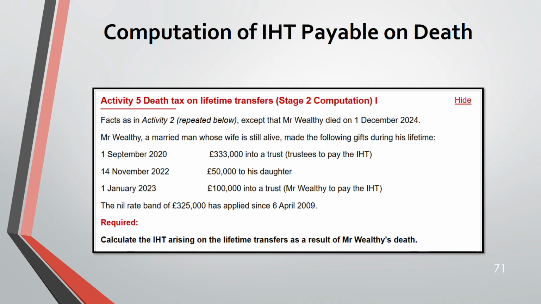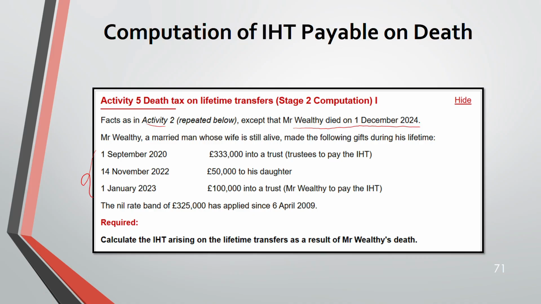Now based on that understanding, we are going to do activity 5, stage 2 computation. So facts as in activity 2, except now Mr. Wealthy died on 1st December 2024. So if you see, all these gifts are within 7 years.